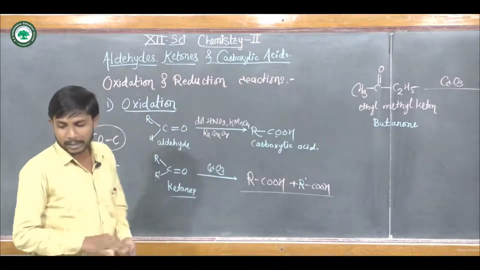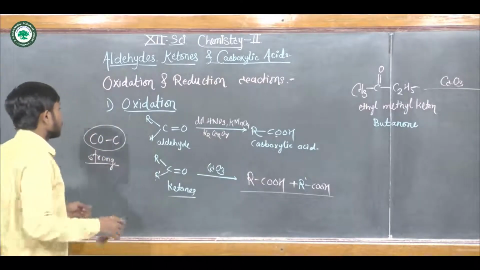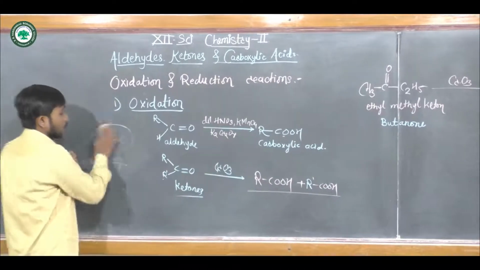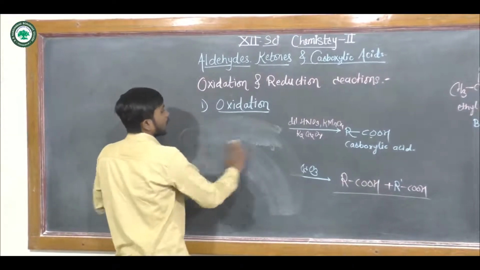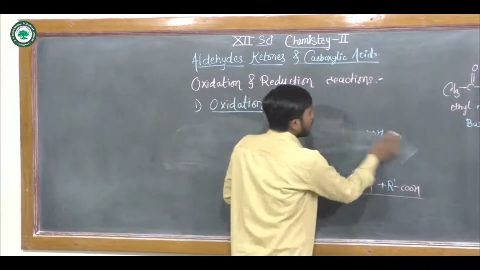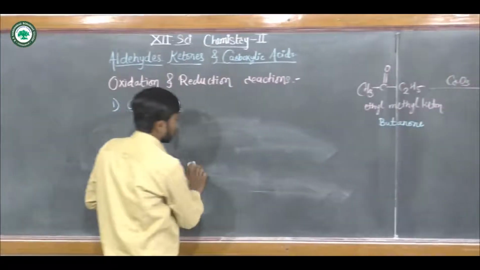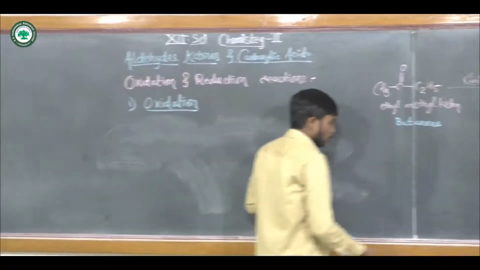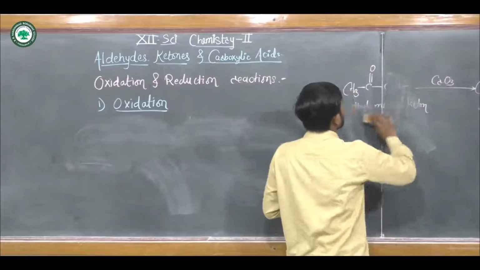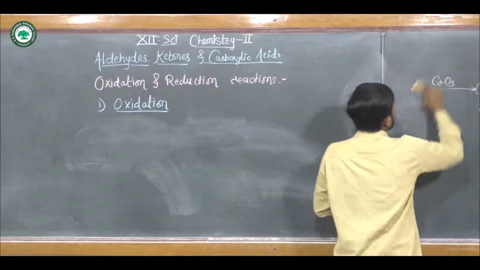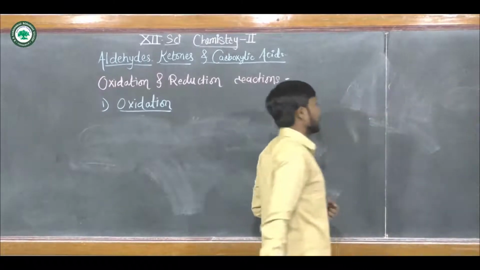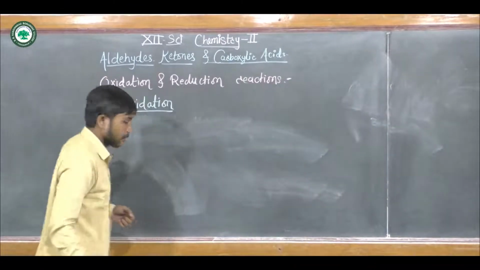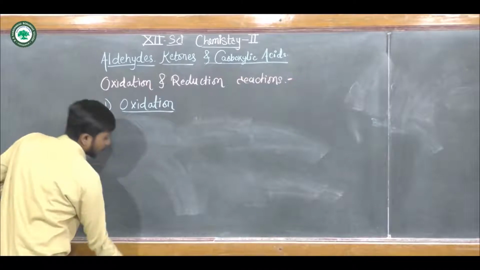Okay, now we will see the reduction reactions. That was oxidation. Now reduction. Here aldehydes and ketones are reduced to form a methylene group. Comparing oxidation and reduction, look at the board.